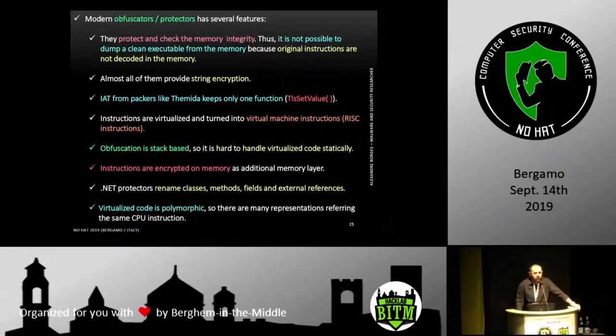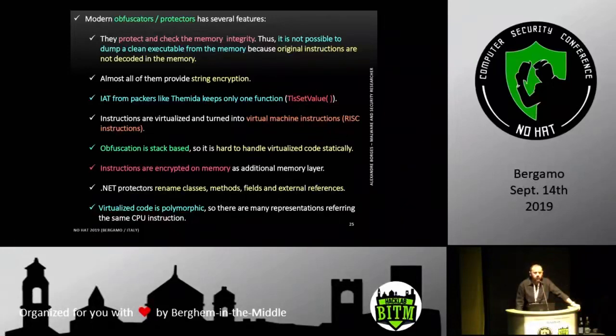These advanced obfuscators usually virtualize all of the instructions. Most of them are stack based, so it's very complicated to analyze statically. Most of them try to encrypt instructions in memory, so you must decrypt instructions in memory before analyzing them.